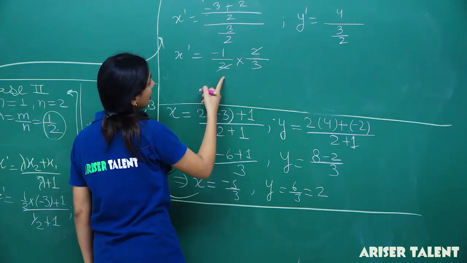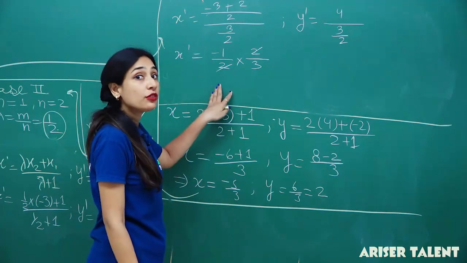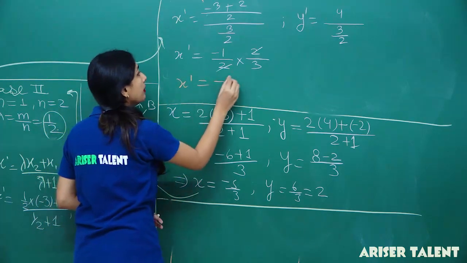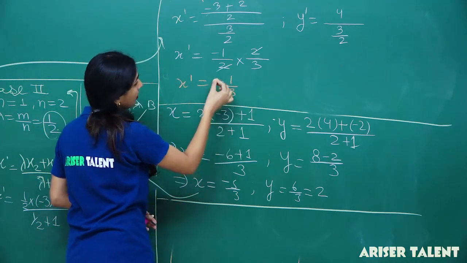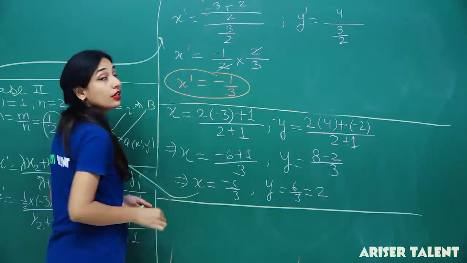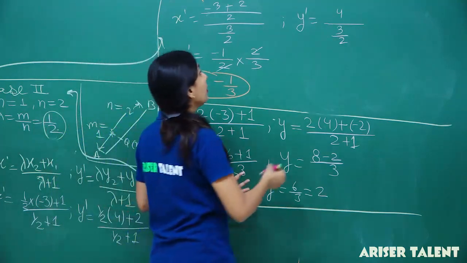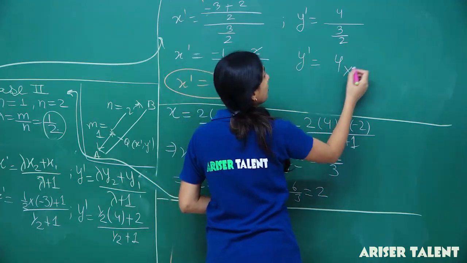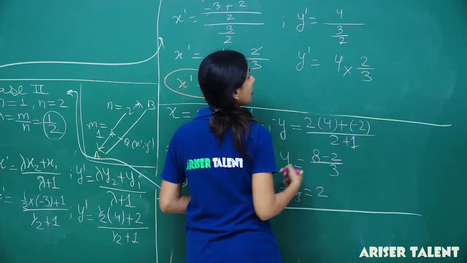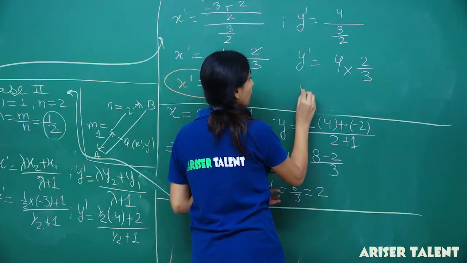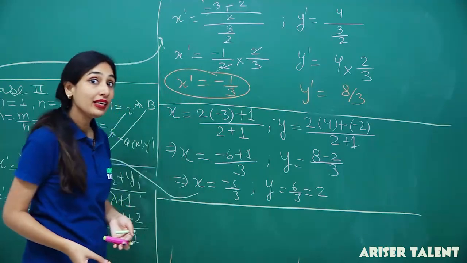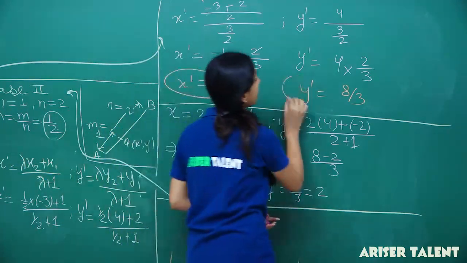So that will cut. So x dash equals minus 1 by 3. This is 1. Now y dash will be equal to 4 multiplied by 2 by 3, right. So that will be y dash equals 8 by 3. So this is the second value.